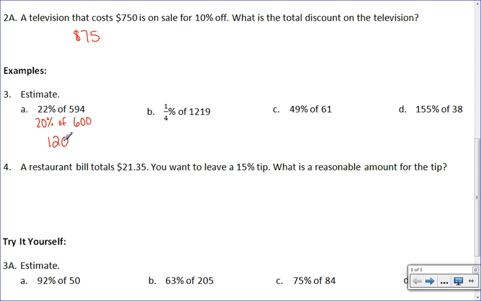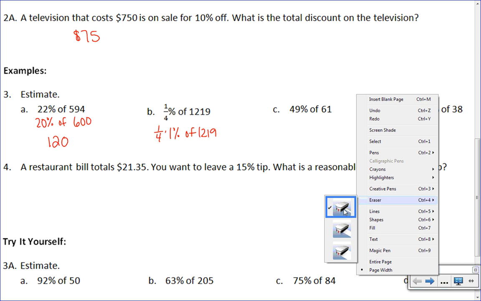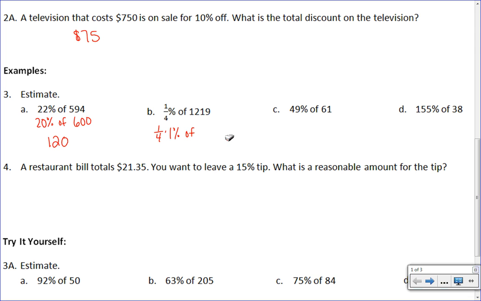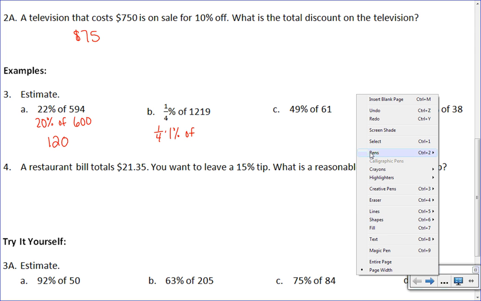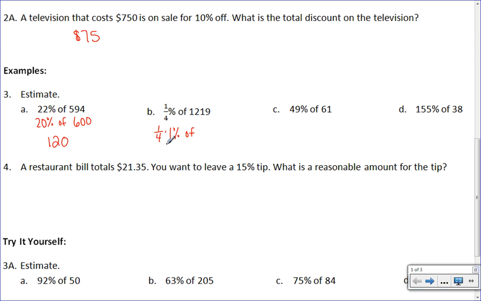Alright, and for B, 1/4% of 1219. Well, I'm going to think of 1/4% as 1/4 times 1% of 1219. And actually, I'm going to round the 1219 down to 1200 as well, because while it is easy to compute 1% of 1219, it's not going to be easy to calculate 1/4 of that.